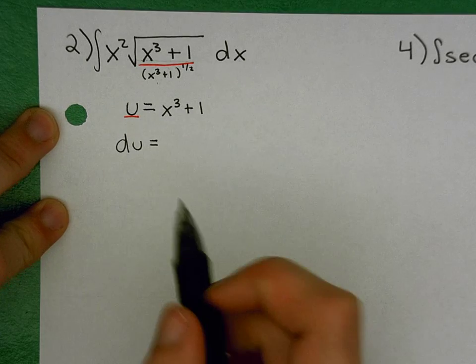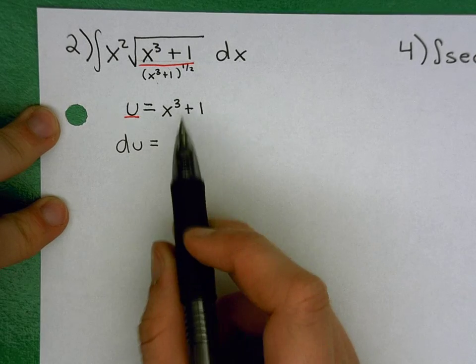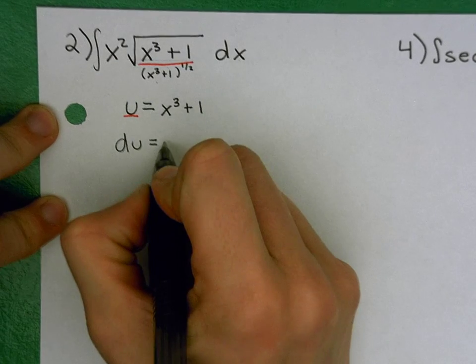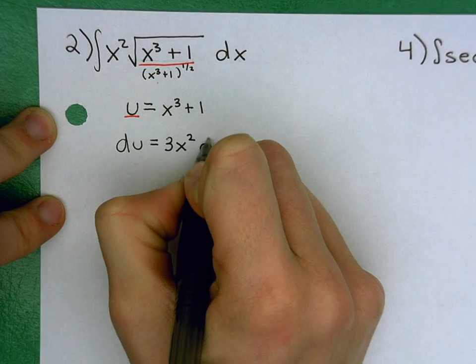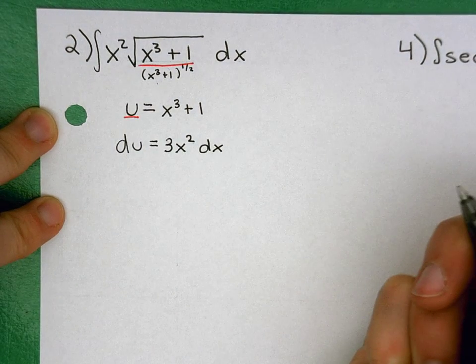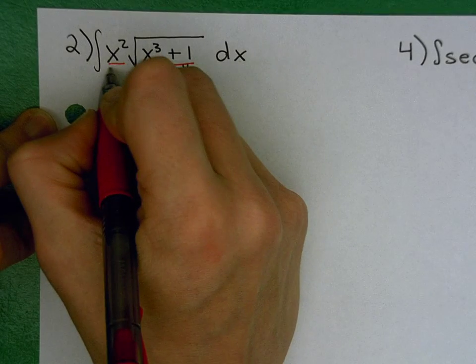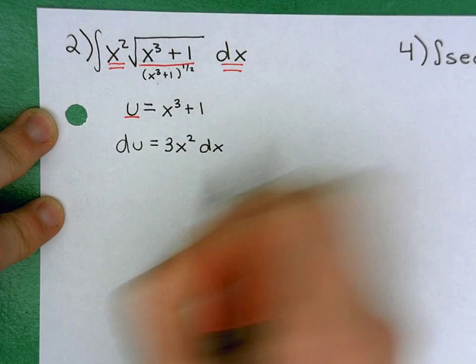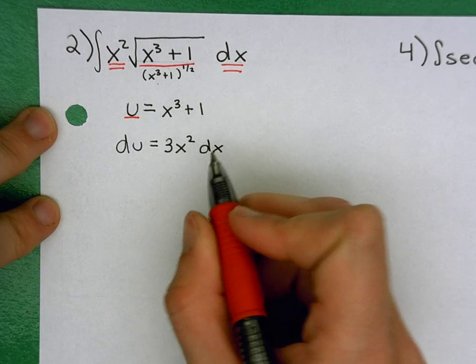Does this fit? So the derivative, which is what we're taking here, of u is du, the derivative of x cubed plus 1 is 3x squared dx, because I've taken the derivative of an x. Okay? And sure enough, when I look in my equation here, I have x squared dx. There's x squared dx. Well, what about the 3, you may ask?